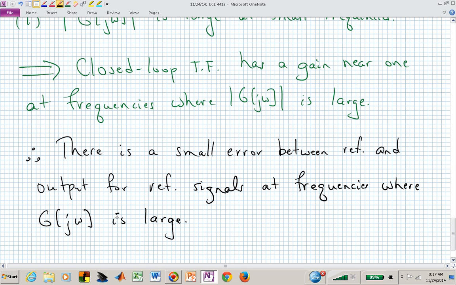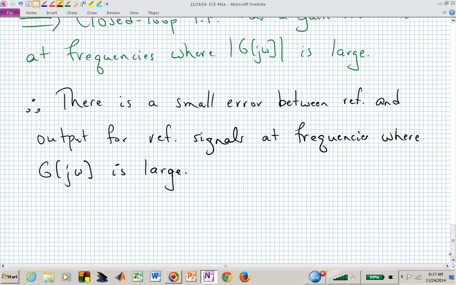That's one conclusion we can make about the closed loop behavior by simply examining the open loop transfer function, where the open loop could include the plant and the controller itself.